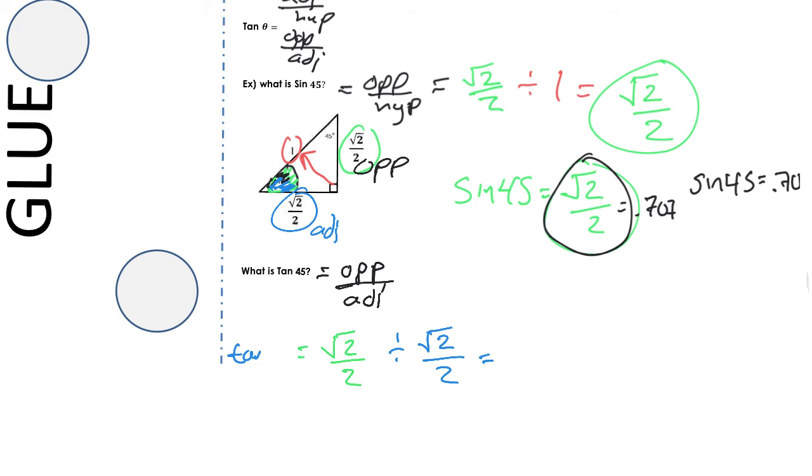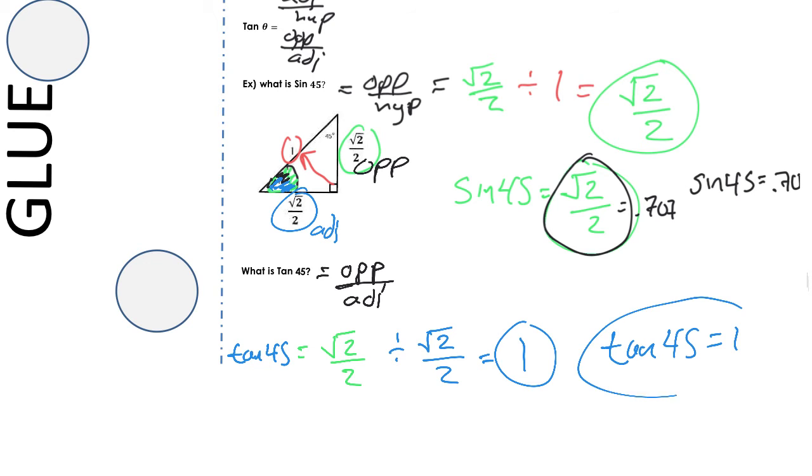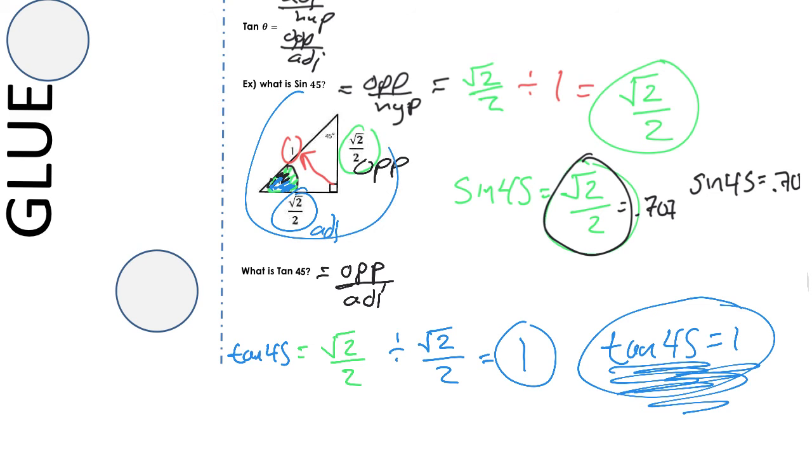So tangent of 45, anything divided by itself is just 1. So tan 45 is equal to 1. So if you type tan 45 in your calculator, you'll get 1. So we're just doing what our calculator does, but we're actually writing it out and using those triangles. So now we can do it without a calculator.